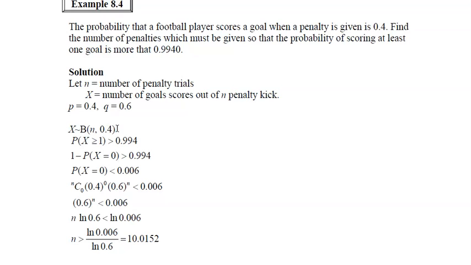In the binomial distribution, n is the number of trials, and x is the number of goals scored out of n penalty kicks, with p equal to 0.4.